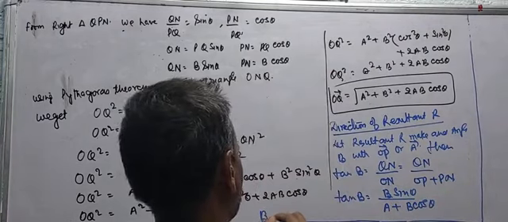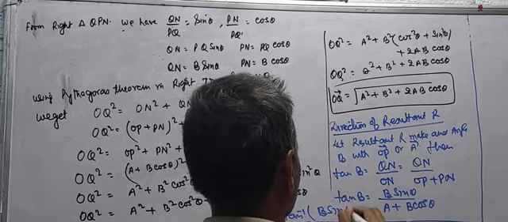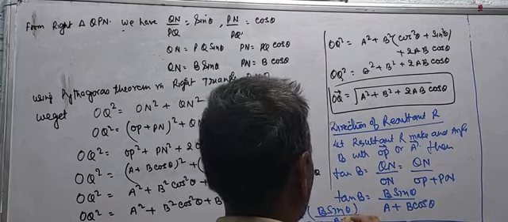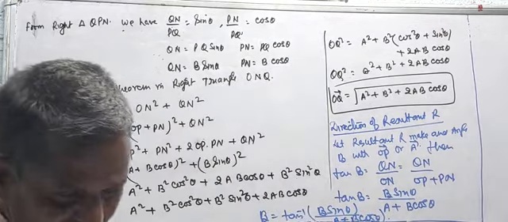Then beta equal tan inverse of B sin theta upon A plus B cos theta.